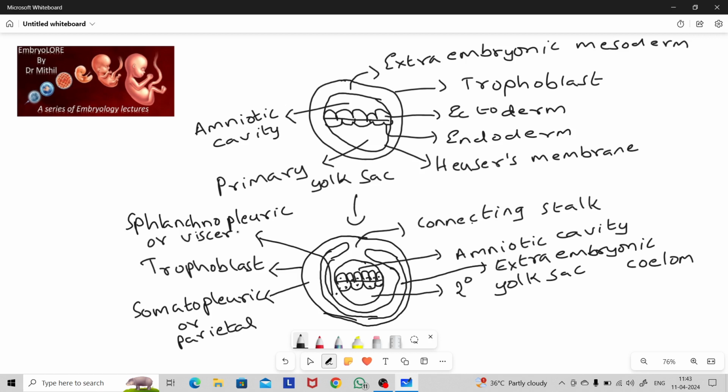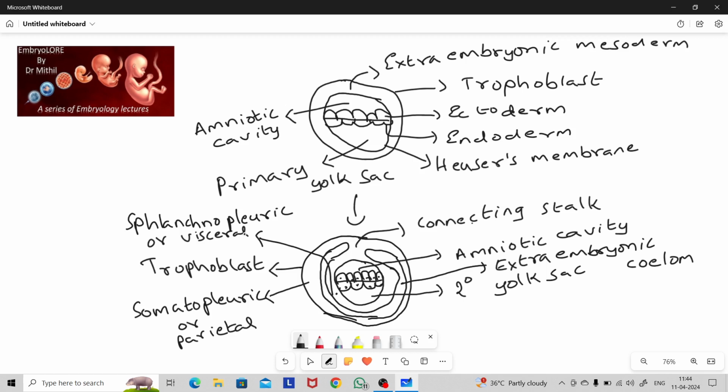So the one lining the trophoblast is called the parietal or somatopleuric, and the one lining the yolk sac is called the splanchnopleuric or visceral layer of the extra embryonic mesoderm.